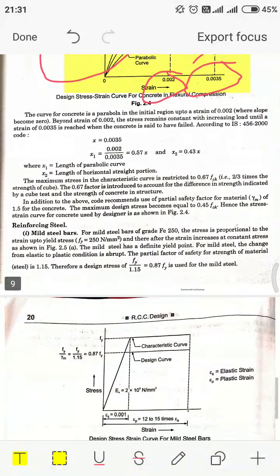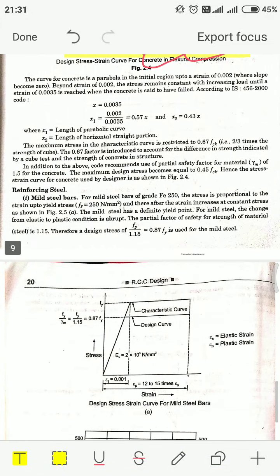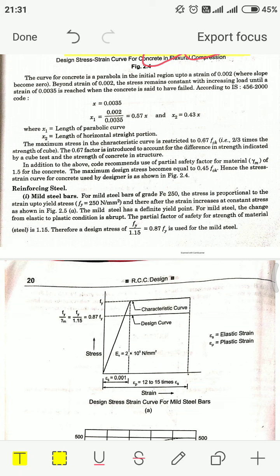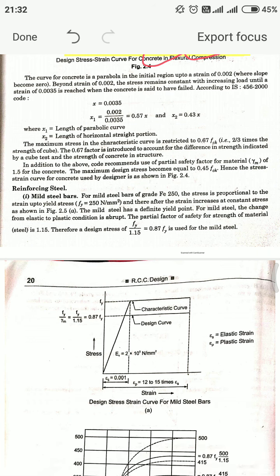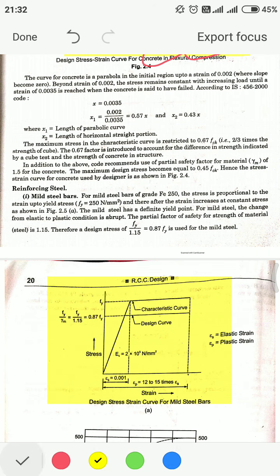Reinforcing steel. Mild steel bar. For mild steel bar of grade Fe 250, the stress is proportional to the strain up to the yield stress, and thereafter the strain increases at constant stress as shown in the figure.